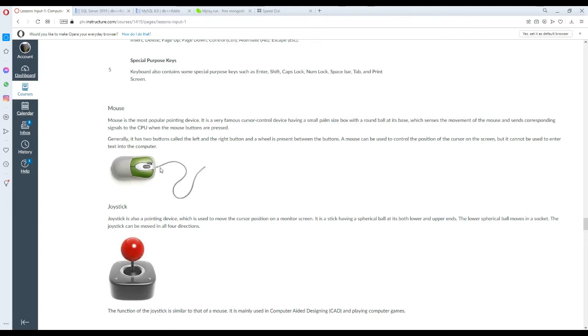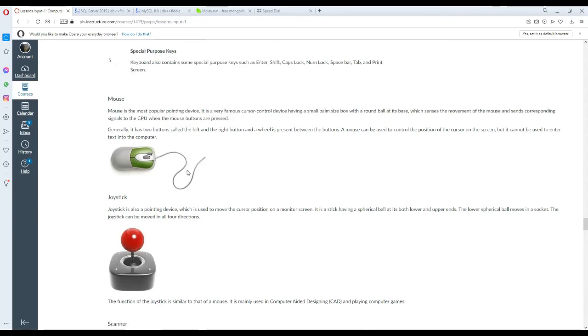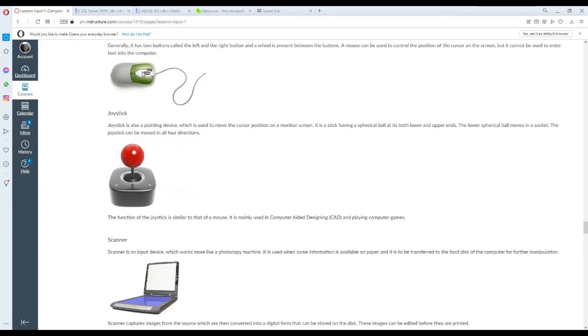But this was originally conceptualized by the Xerox company. Okay. A generic mouse has the left and right button, but right now you can see mice that are programmable. Some are wireless, some are wired, okay. Some are battery powered, some are USB or wired powered.